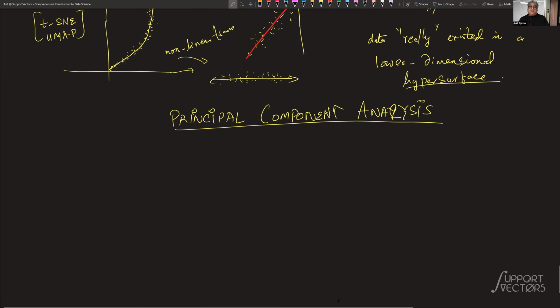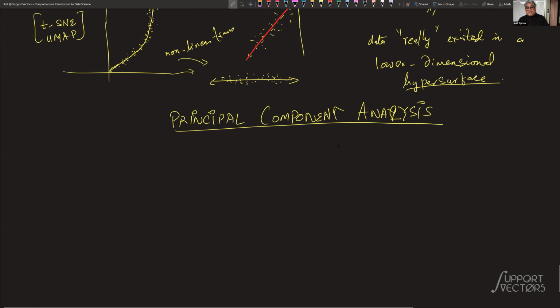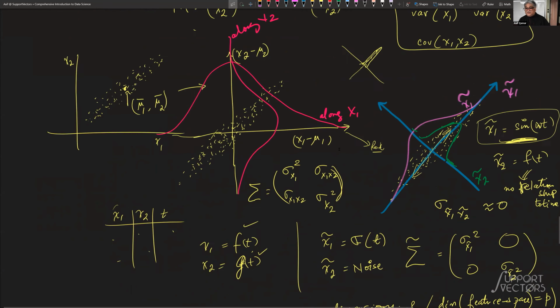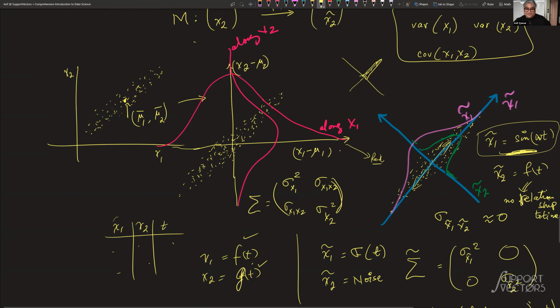It says exactly what we did. Find these directions, this new x1 tilde direction and x2 tilde direction. These are called principal axis 1 and principal axis 2, the two principal axes, right?